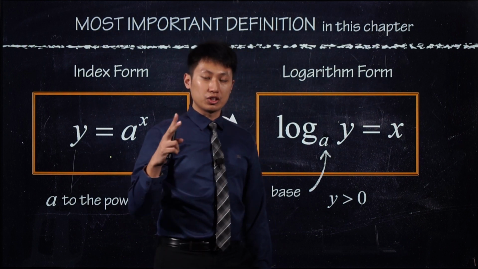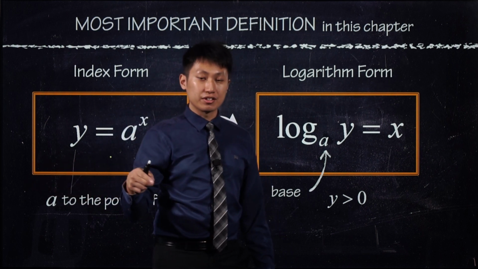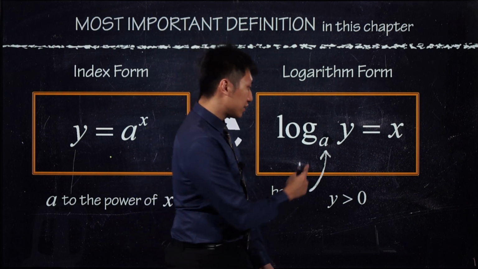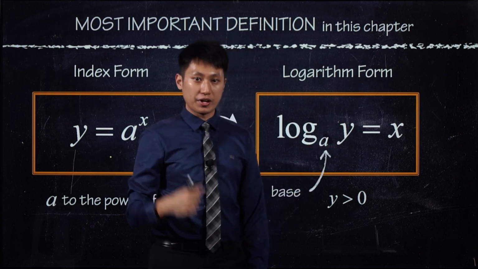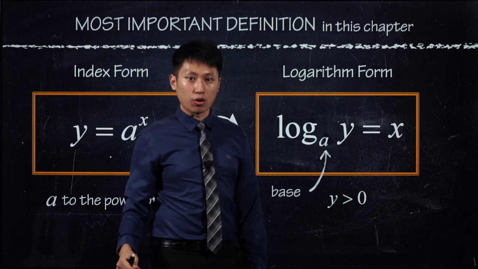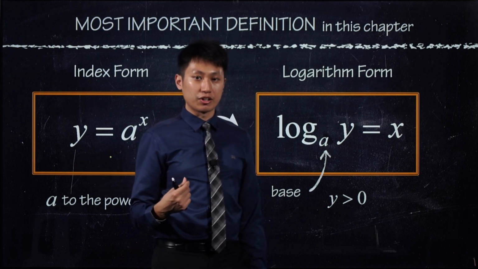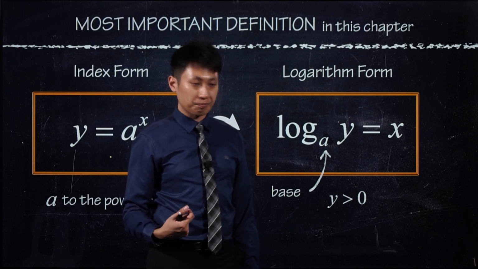Let's say 2 to the power of -3. It's just flipped: 1 over 2 to the power of 3, which is 1/8, still bigger than 0. That's the reason why the log of something must always be greater than 0, not even equal to 0, because something to the power of something will never be equal to 0.